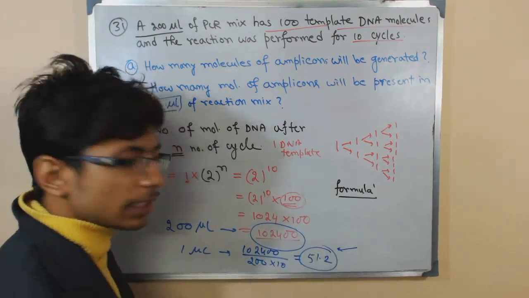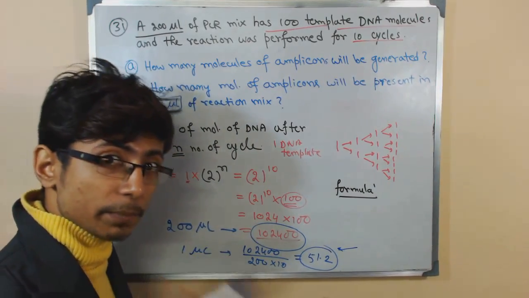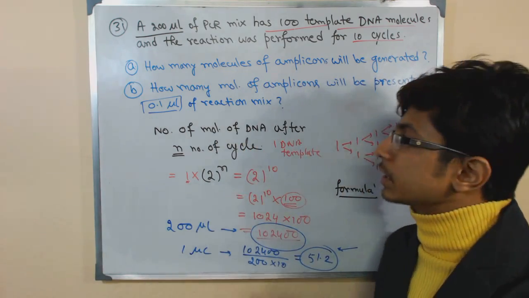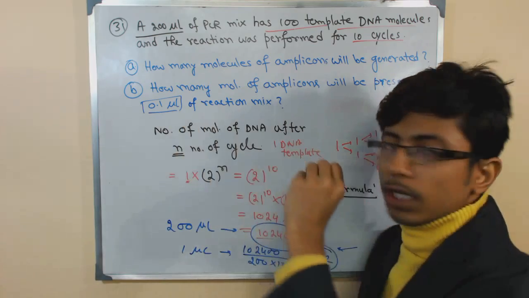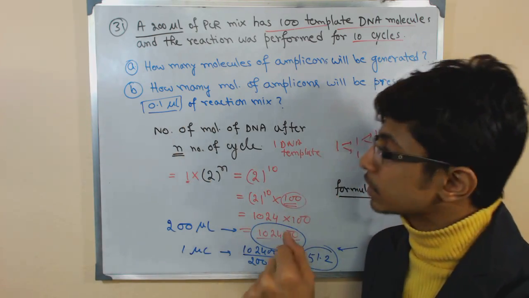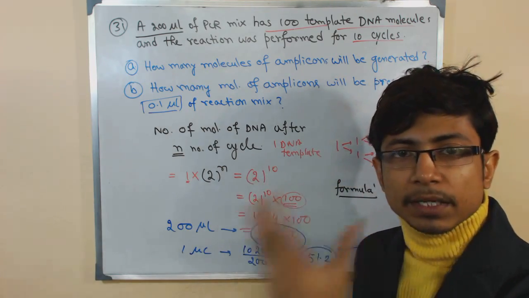That is the number of DNA molecules present in 0.1 microliter of the reaction mix. That is also very important to know, because sometimes during experimentation, after PCR, we need to take some amount of the PCR mix and run it in some other way or use it for other purposes. So we need to know the concentration of DNA present in that PCR mix.